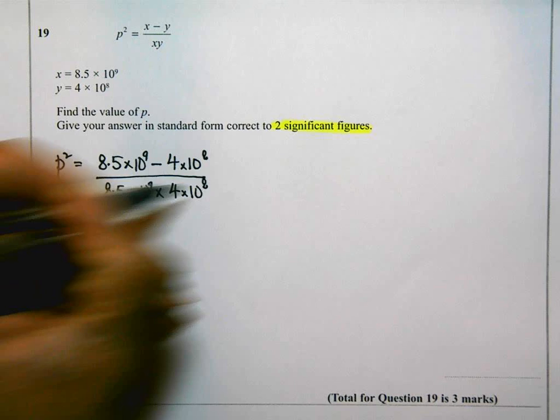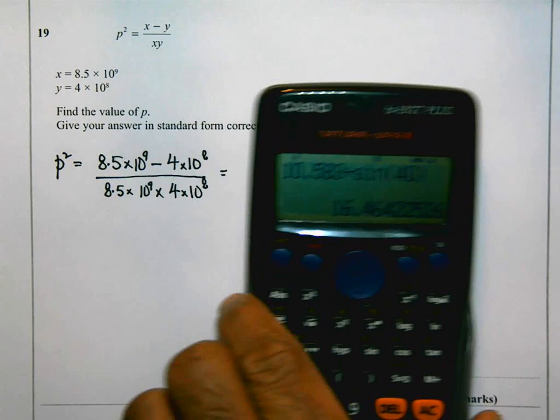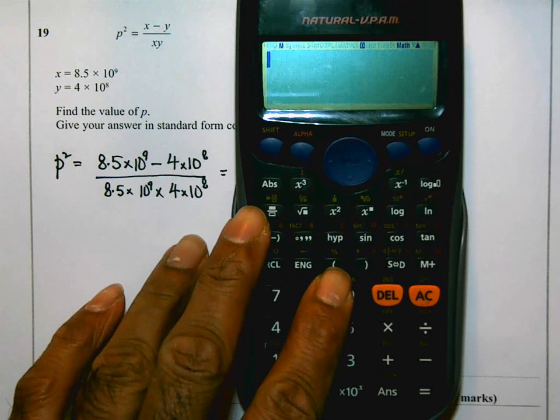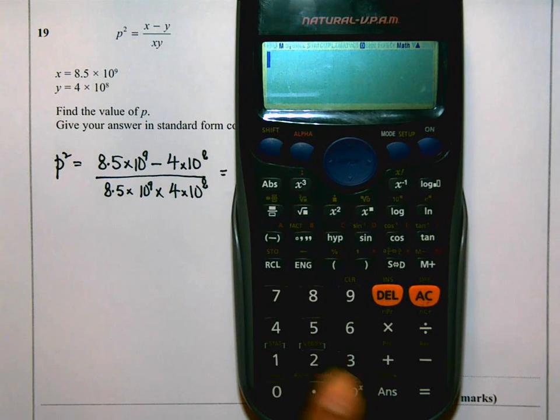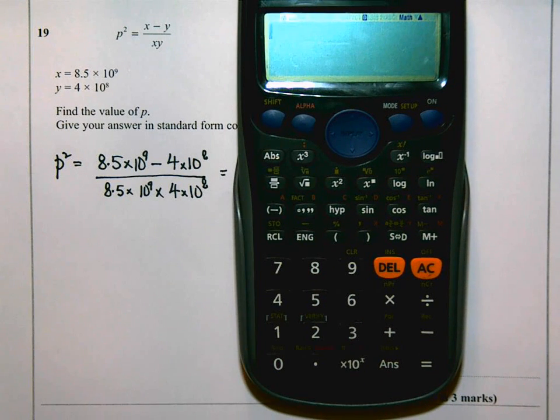Okay, so using the calculator to show this, you need to use the times 10 to the power of button at the bottom here. Yep, this button here is what you need, times 10 to the power of x.